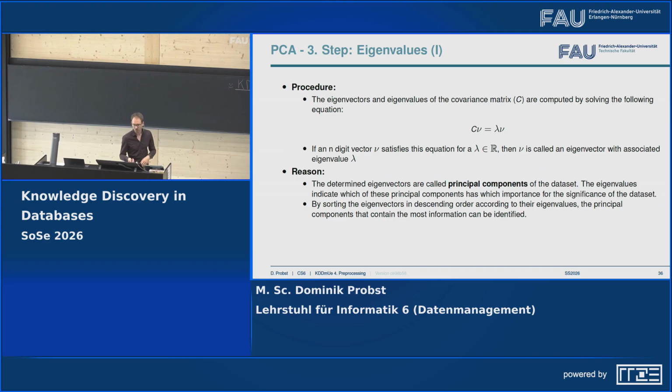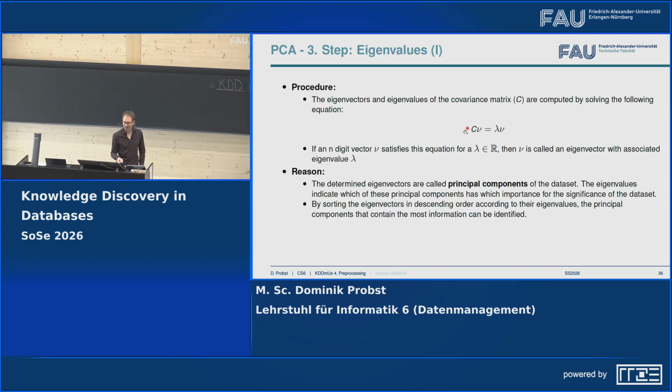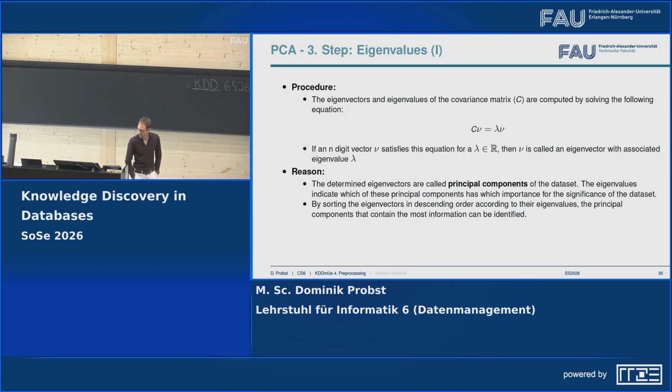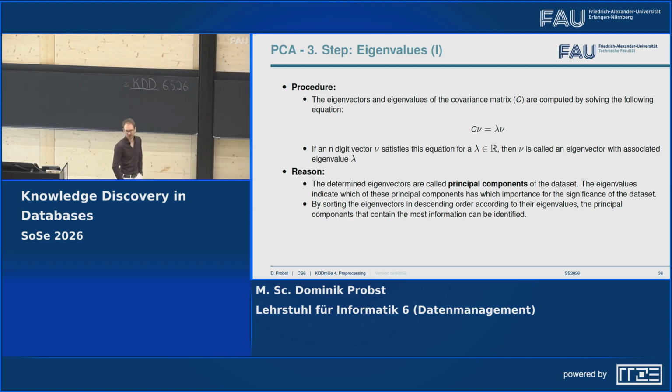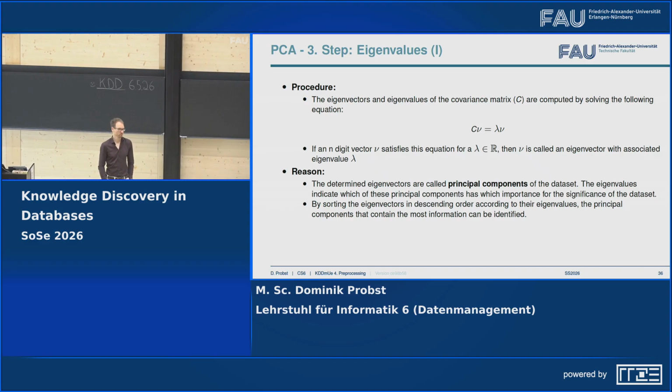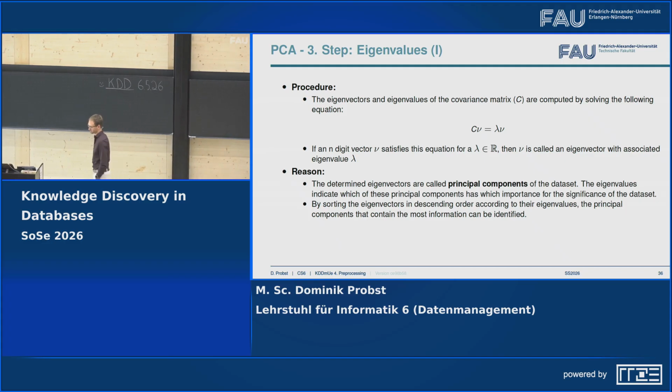This is done by solving this equation: the covariance matrix times V equals the eigenvalues times V. The eigenvectors are the so-called principal components of the data set.